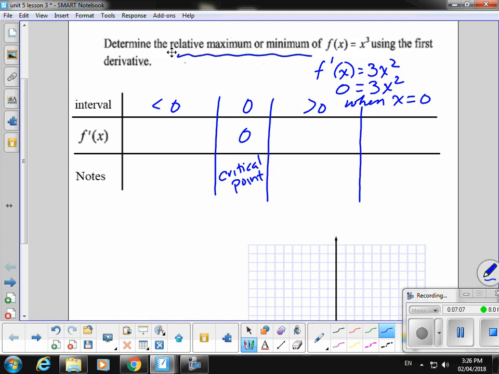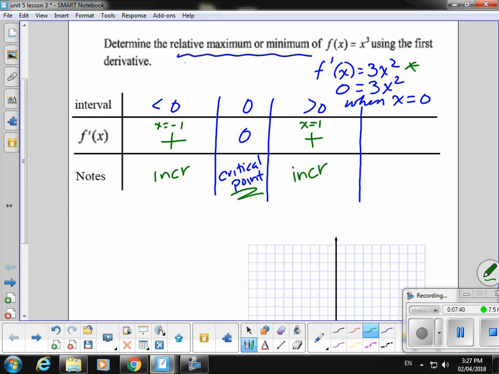If I use my derivative and use a value less than 0, so let's go with x equals negative 1, and I put it into the derivative, I have a positive 3. If I put a value greater than 0, so say we did x equals 1, you don't have to write that bit down, but you want to put a positive value in there, you still get positive 3, you still get a positive. So this is a critical point. Something interesting is going on there, but we're going from increase to increase.